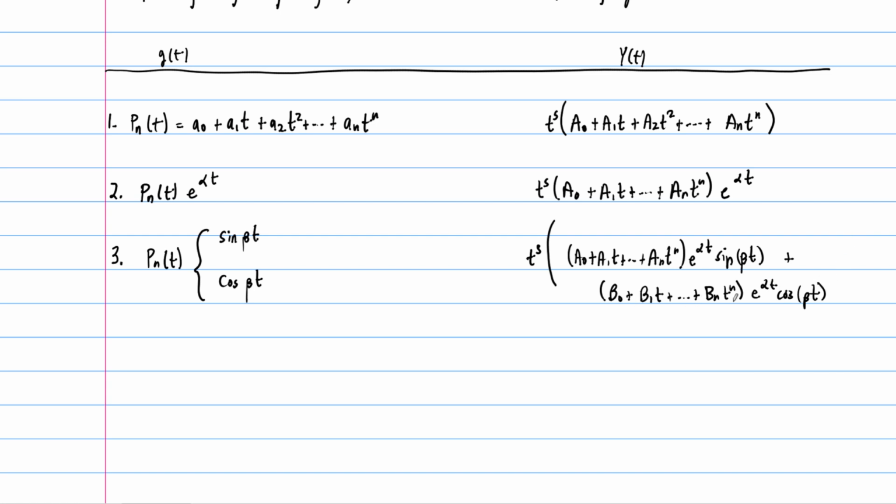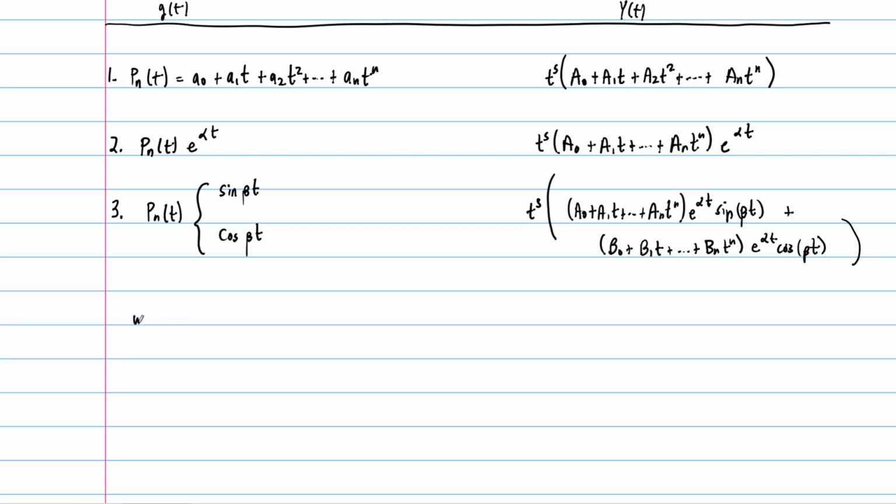So polynomial times e to the alpha t sine of beta t, etc. And then the whole thing multiplied by the homogeneous adjustment function here. And in this scenario, s is either 0, 1, or 2, depending on the homogeneous solutions.